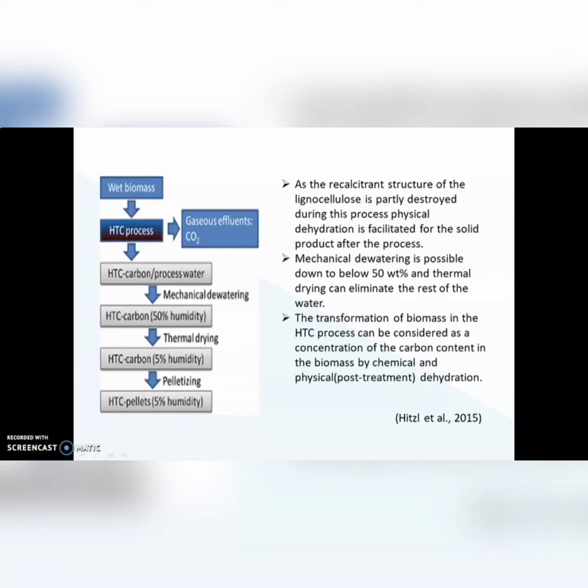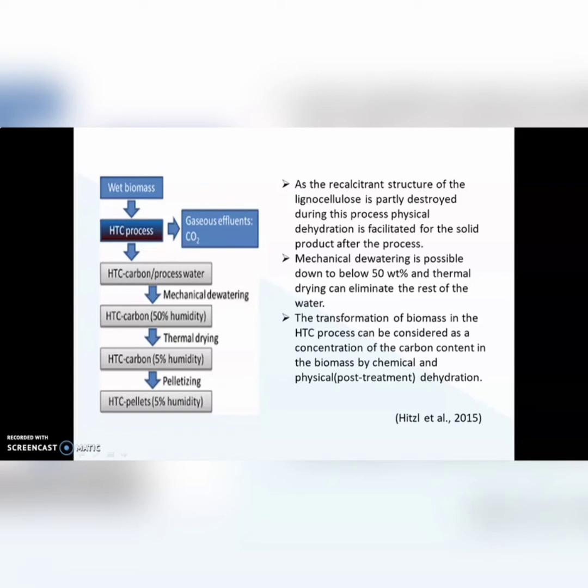As the rickety structure of the lignocellulose is partly destroyed during this process, physical dehydration is facilitated for the solid product after the process. Hence, mechanical dewatering is possible down to below 50% weight, and thermal drying can eliminate the rest of the water.